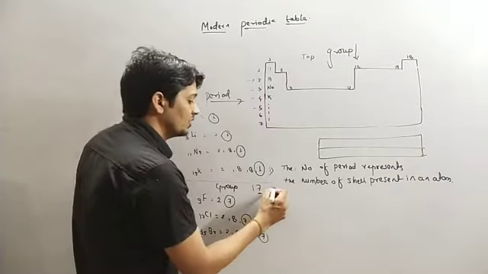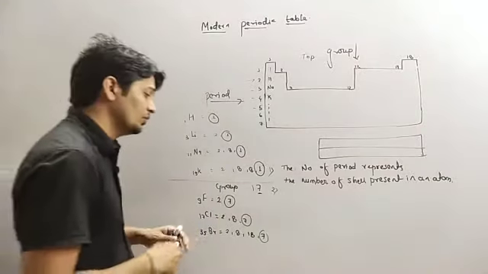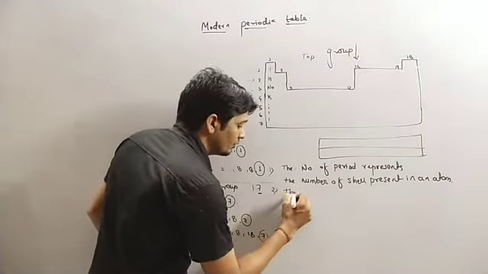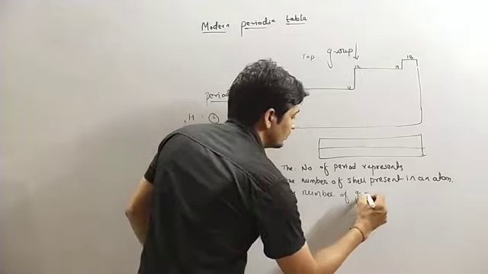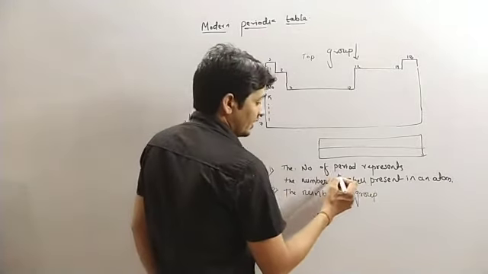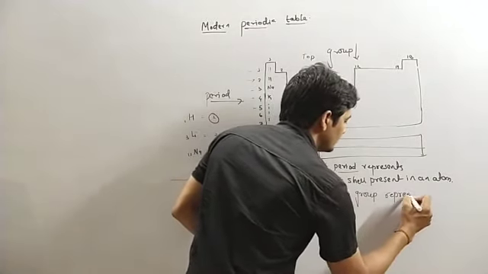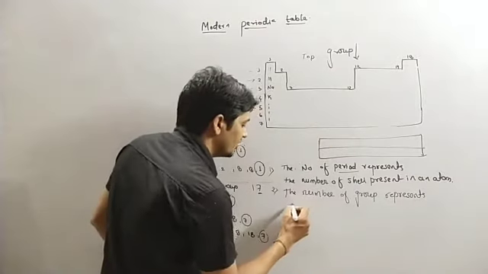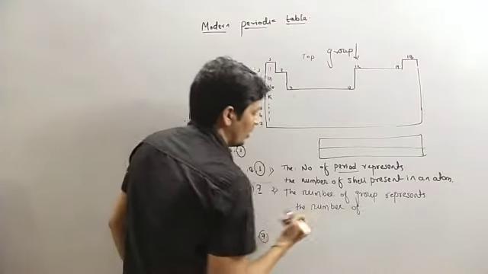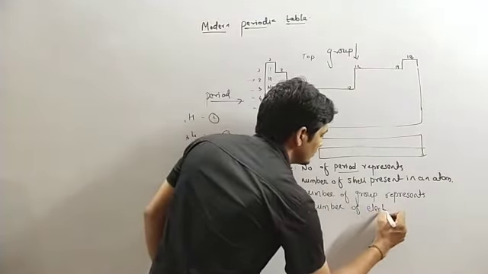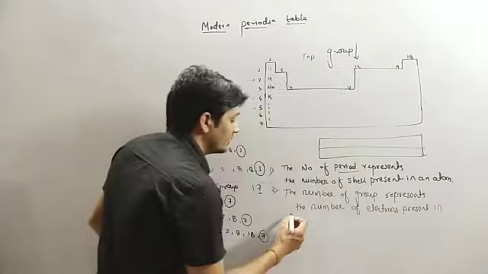So the second point we can derive from here is the number of group. Here we have seen the number of period; here, the number of group. So the number of group represents the number of electrons present in their outermost shell.